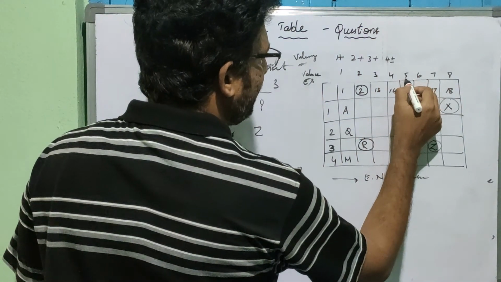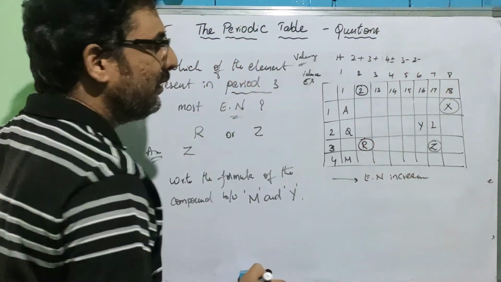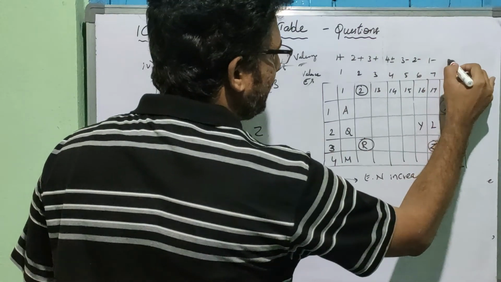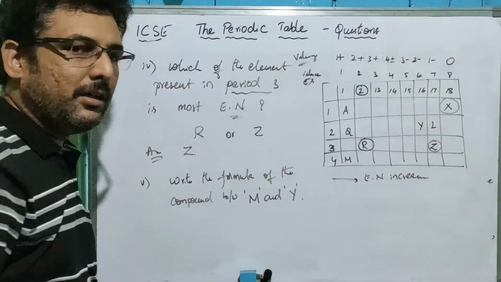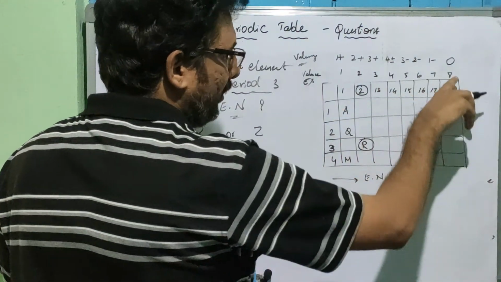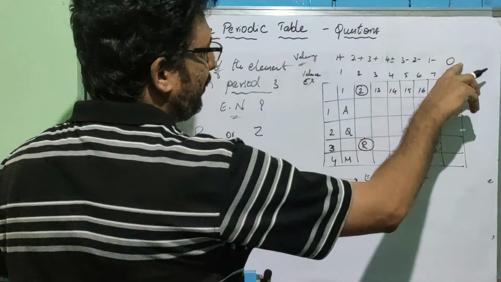And if it is 5 valence electrons, valency will be 3 minus, 6 valence electrons, valency will be 2 minus, 7 valence electrons, 1 minus, and this is 0 because that is a noble gas. Okay, it is a group where noble gases are located, so the valency will be 0 here.